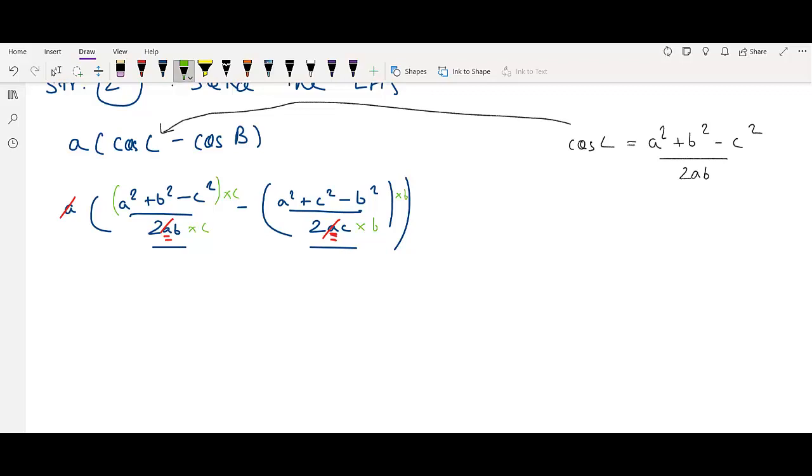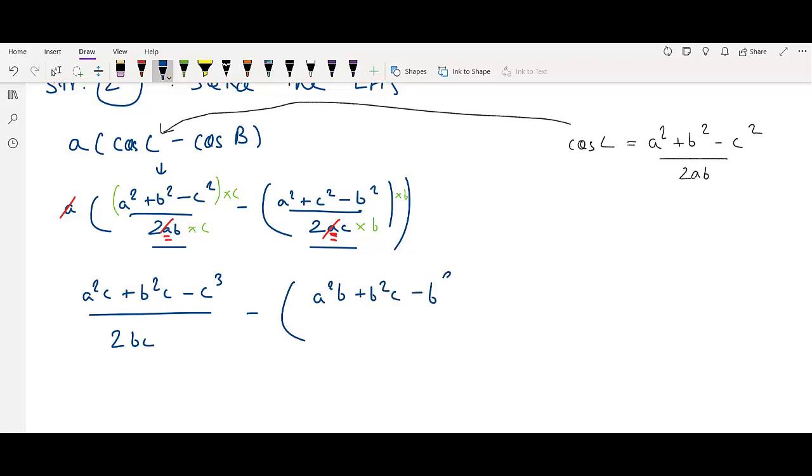Okay, so let us do that. a square c plus b square c minus c cube upon 2bc minus a square b plus b square c minus b cube upon 2bc.